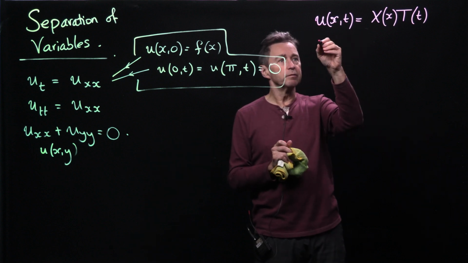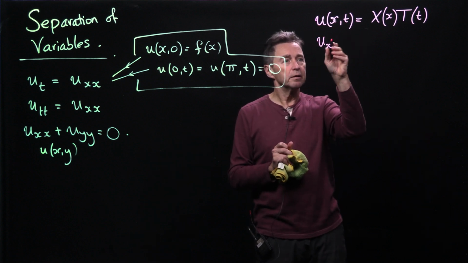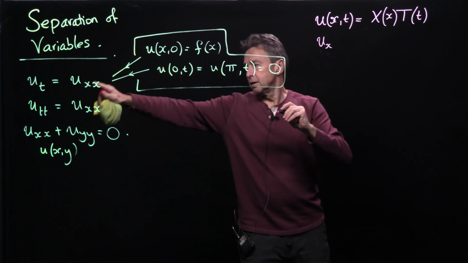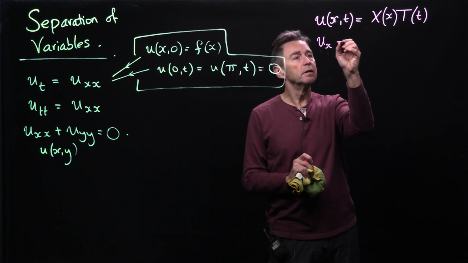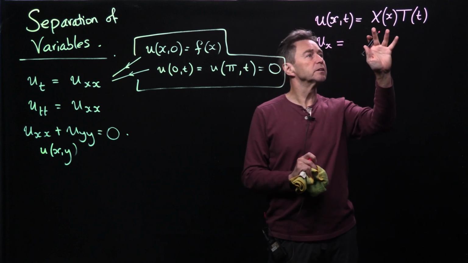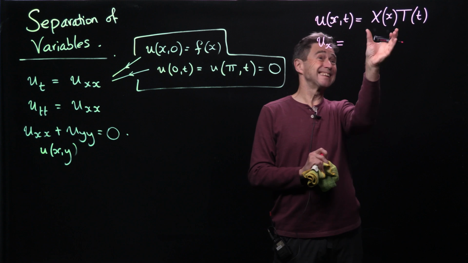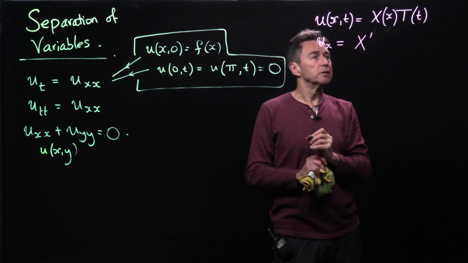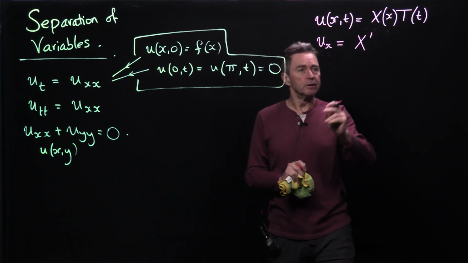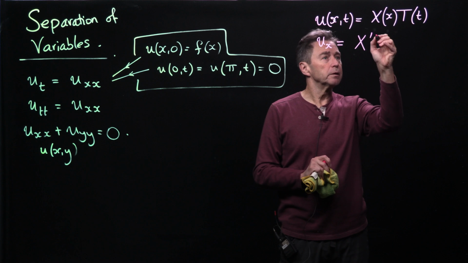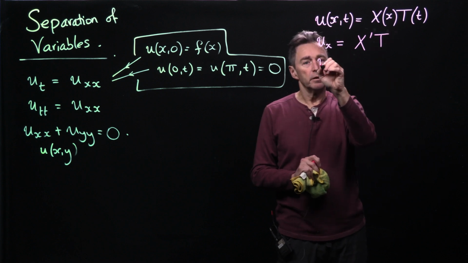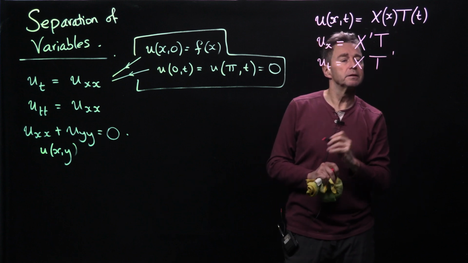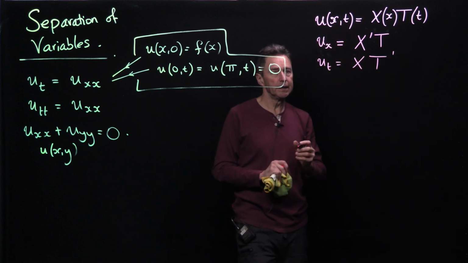Now, if I compute derivatives, my shorthand notation for derivatives is subscripts, as written in the PDEs. When I do an x derivative, I just differentiate the big X, and that's the only thing that depends upon big X, so I can just use a prime to denote the derivative with respect to the argument. And there's a ut, that would be differentiating the big T, so I could write it as X times big T prime.